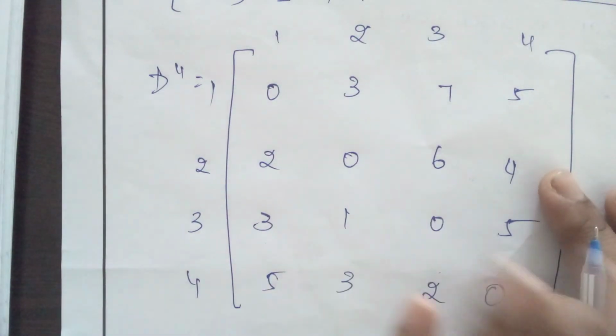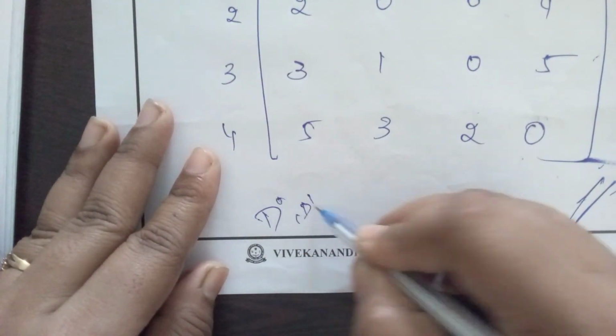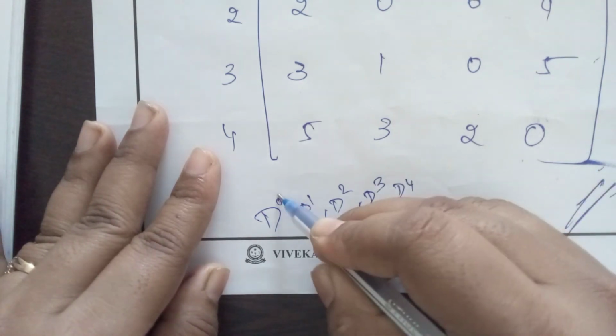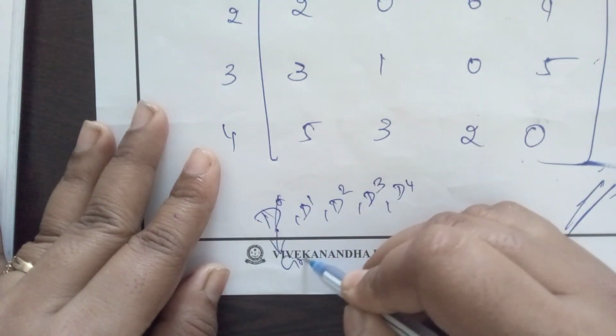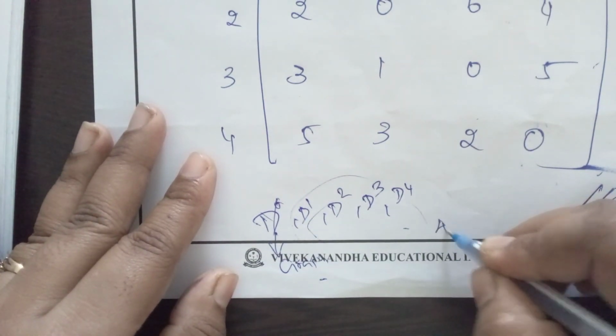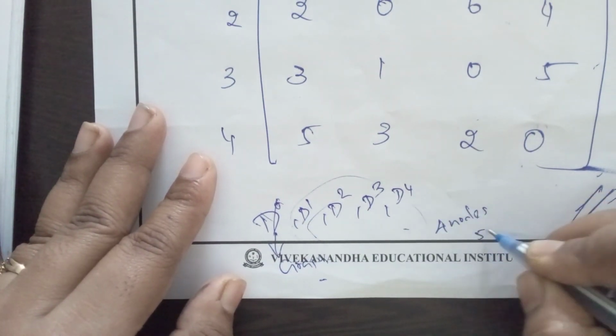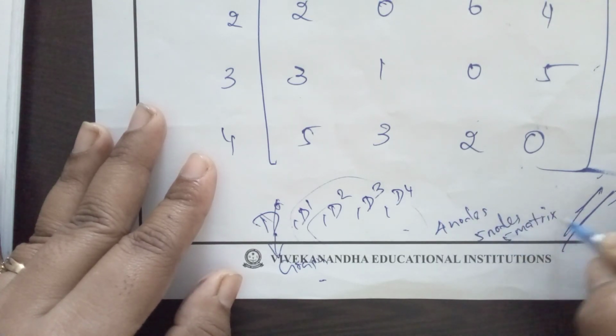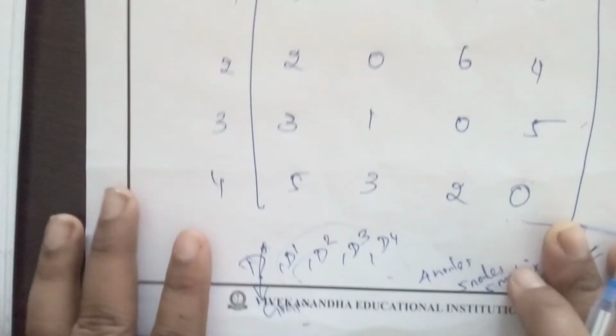At last you have to write d0, d1, d2, d3, d4. See, d0 is the graph. 4 nodes means 4 matrices; if 5 nodes, then 5 matrices. This is the Floyd's algorithm.